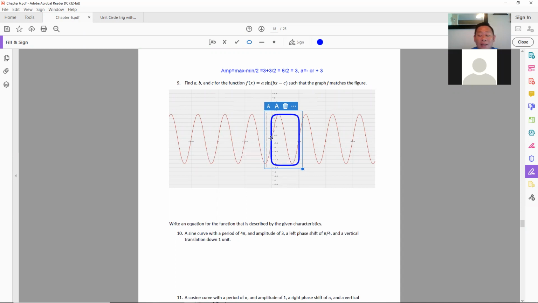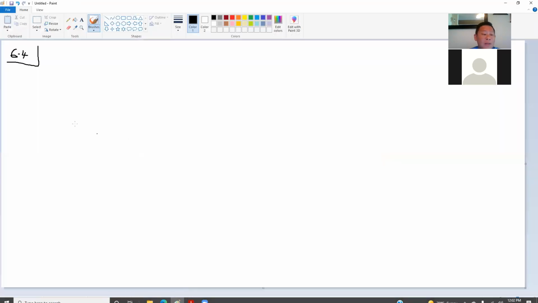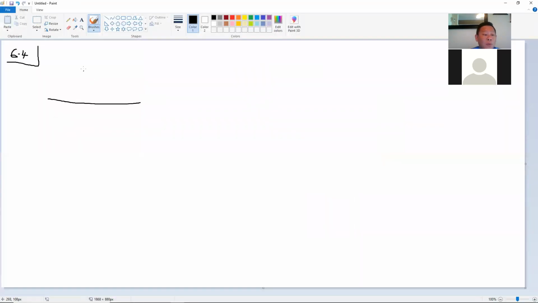By looking at this sine wave, the blue box that I drew here, you notice that it goes up, the hill, and then the valley. That means it doesn't reflect on the y-axis. So your A in this case will be +3. The sine wave is always a hill and a valley.